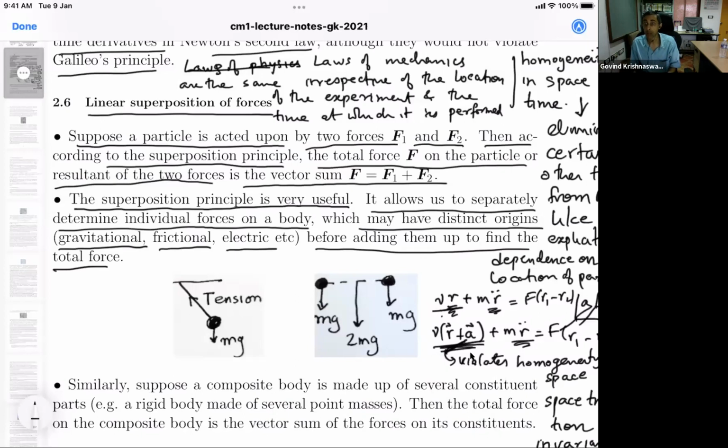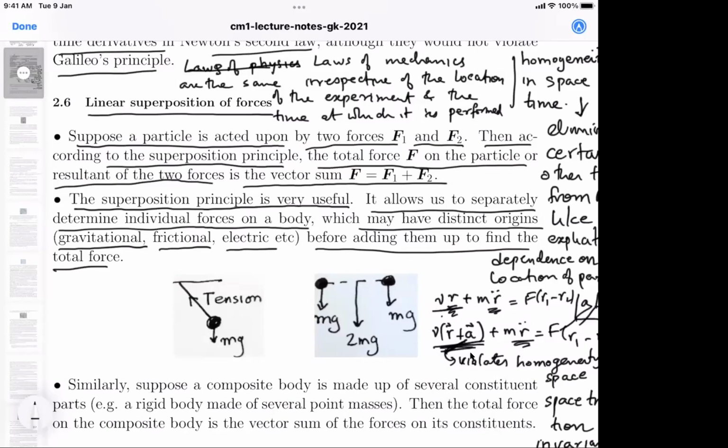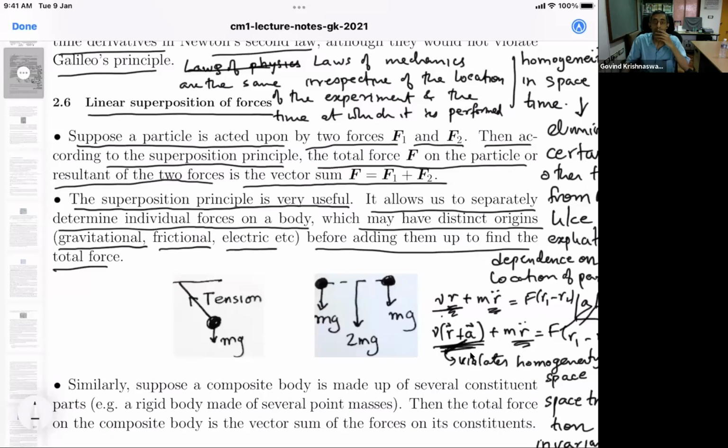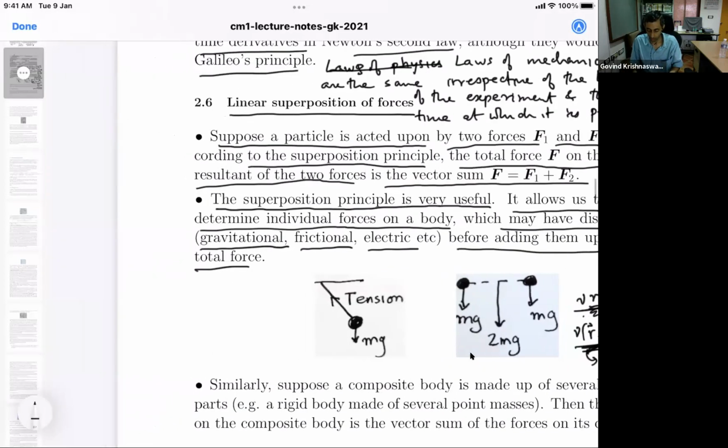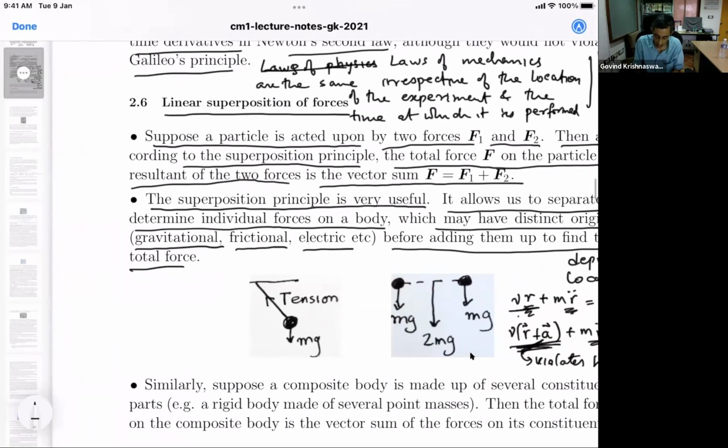Sir, can you once again repeat what you said is not true? Okay, that is a very important thing. Let me write it here.